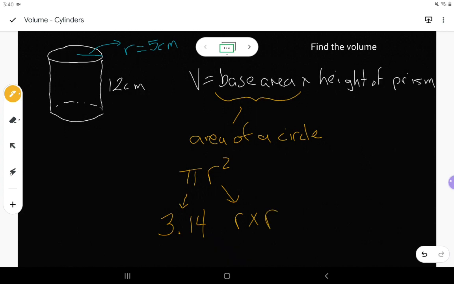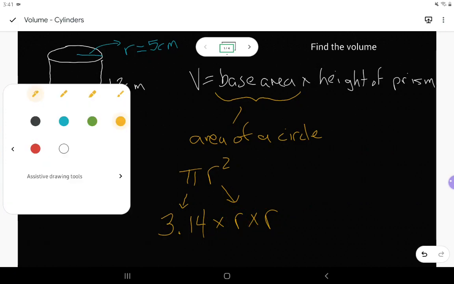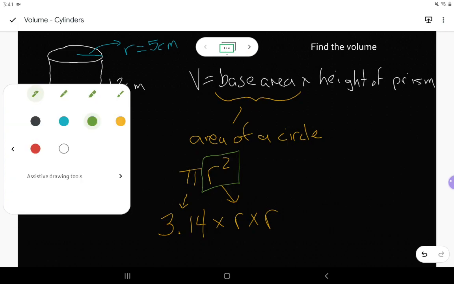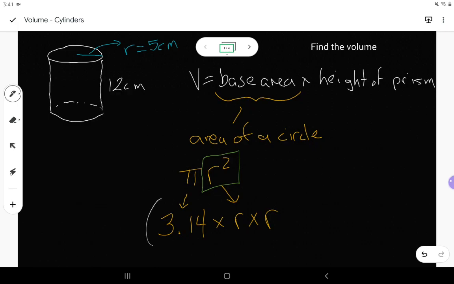So when I say pi r squared, what I really mean is we're taking 3.14, that approximation of pi, and multiplying it by the radius, and then multiplying by the radius again. What I often do is calculate what r squared is first, and then multiply by the radius afterwards. We're going to find that area of the circle, and then afterwards we're going to multiply it by the height.